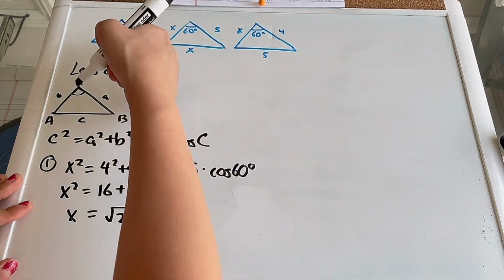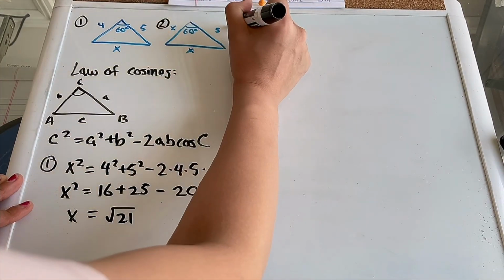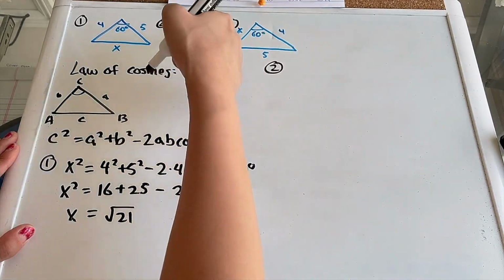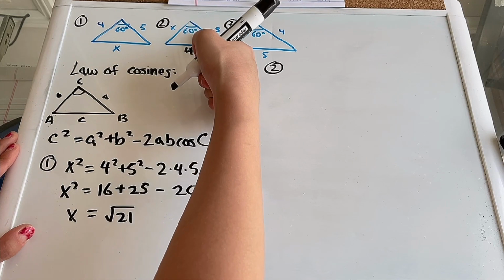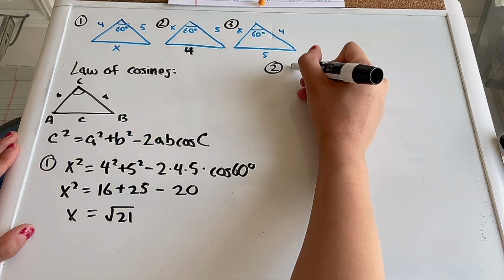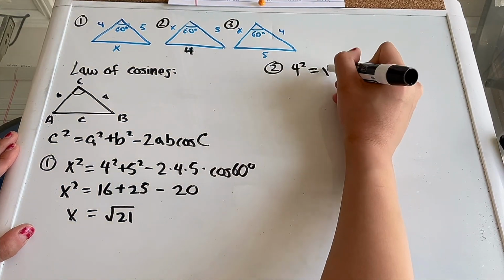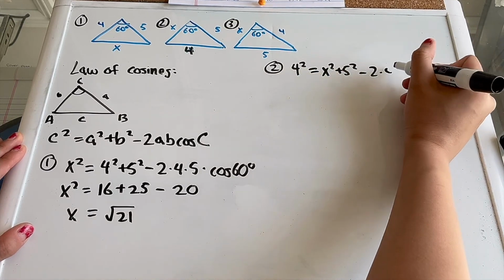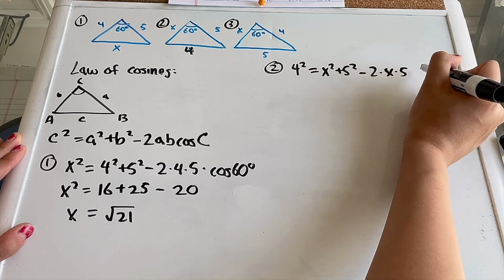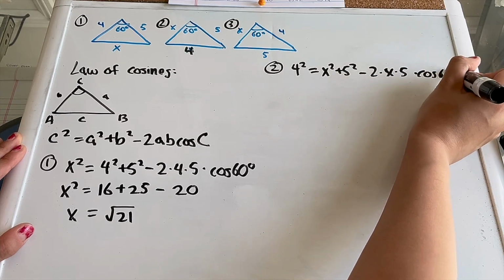Now, this is for the first scenario right here. So the second scenario, we do the same thing. But we know that the c value has to be 4 because the angle is 60 degrees. So plugging it in, 4 squared is equal to x squared plus 5 squared minus 2 times x times 5 times the cosine of 60 degrees.